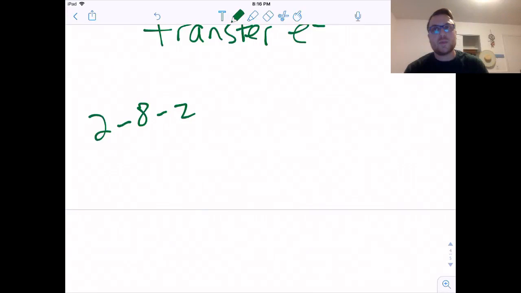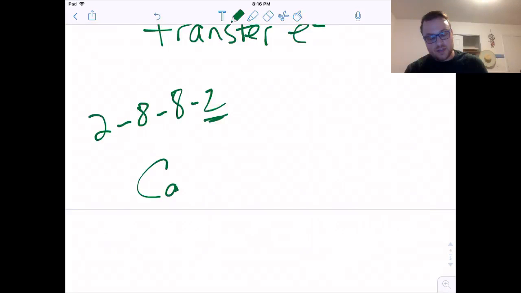No, 2, 8, 8, 2. Yeah, 2, 8, 8, 2. 2, 8, 2 is magnesium. So, calcium normally has 2 valence electrons. And we're going to keep in the back of our minds that calcium as an ion is +2.